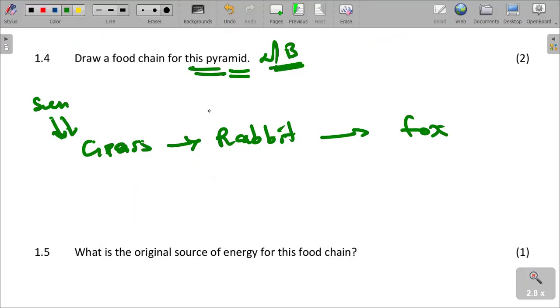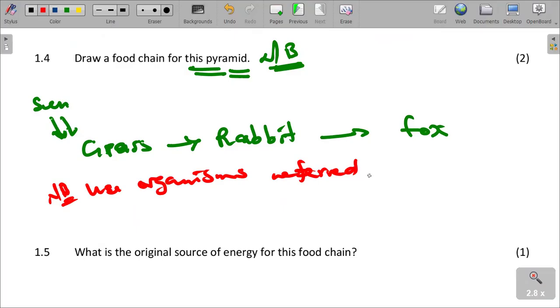Note that the question says we are not assuming; we use organisms referred to in context. That is where the marks are coming from, class.